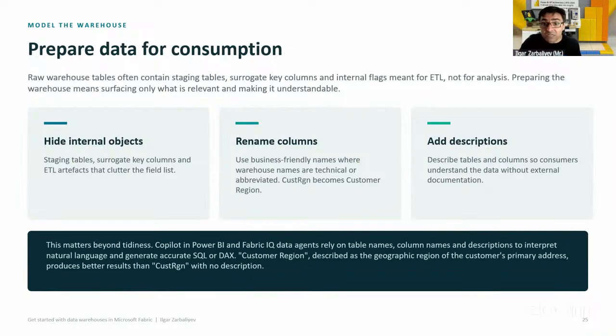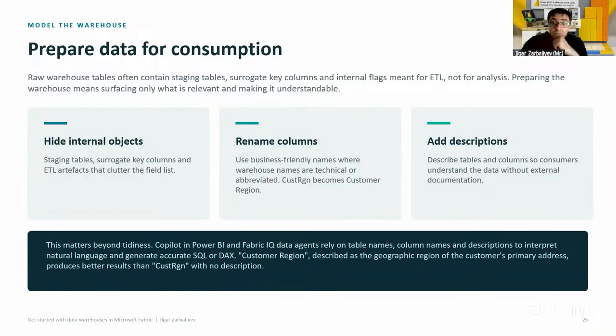And raw warehouse tables are messy from a consumer's point of view. They contain staging tables, surrogate key columns, and internal flags that exist for ETL processing, not for analysis. All of that creates noise when someone browses the data.